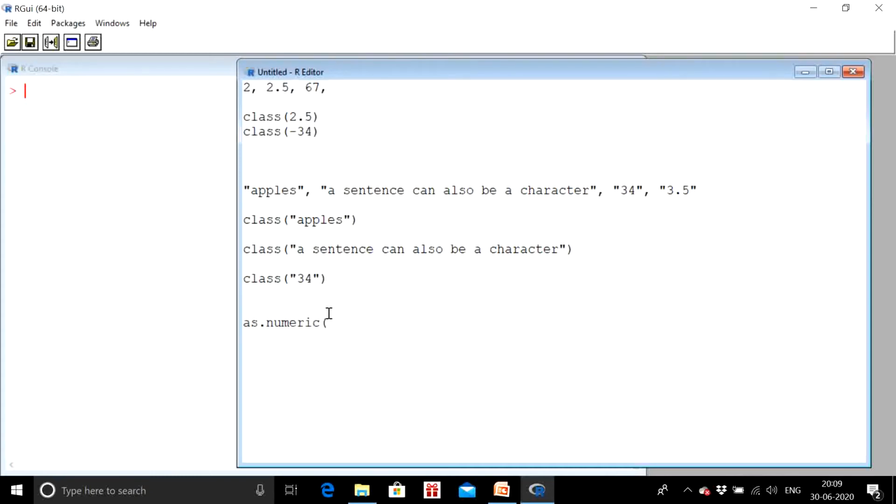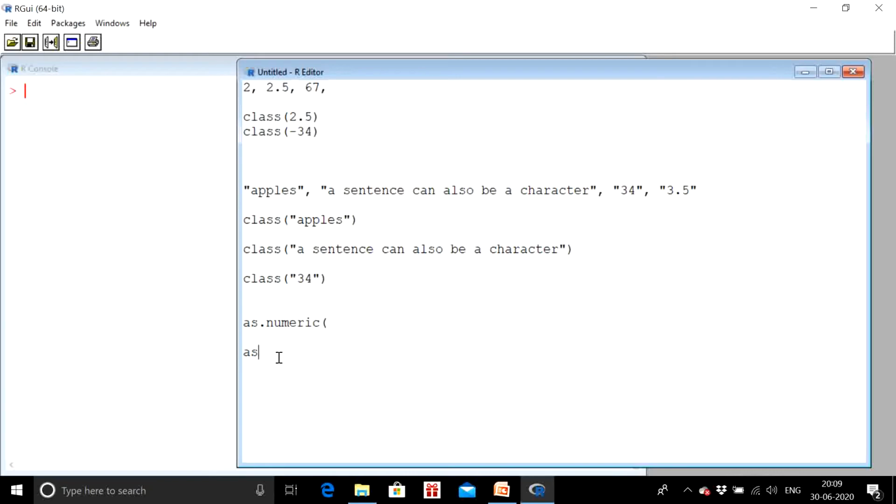The syntax is basically as dot, and after the as dot, whatever you want to convert to. It can be character, or it can be integer, anything. The syntax is as dot, the name of the data type you want to convert to, then first bracket open.